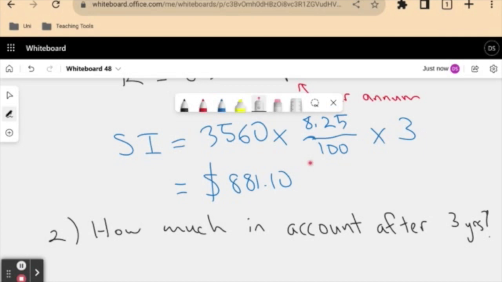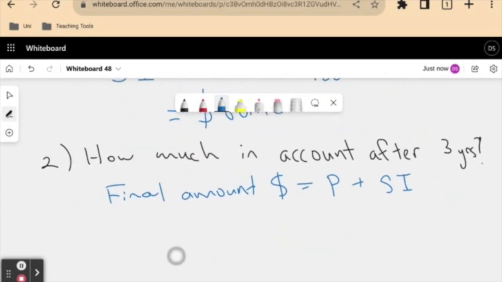So we can say that the final amount of money equals our principal plus our simple interest earned on that.